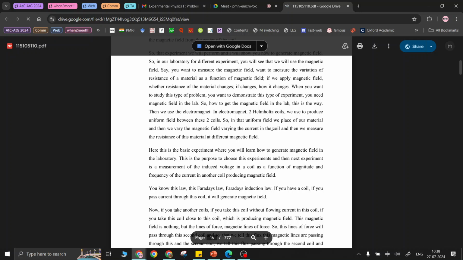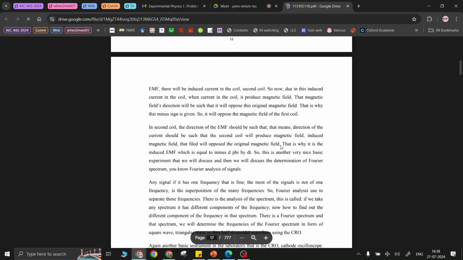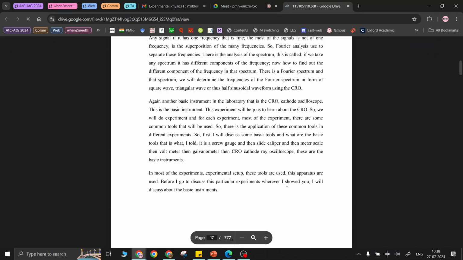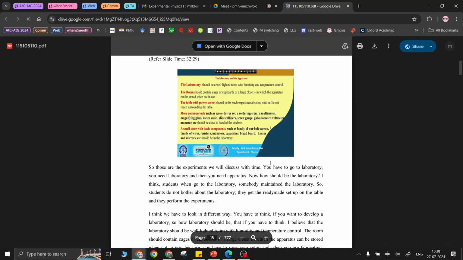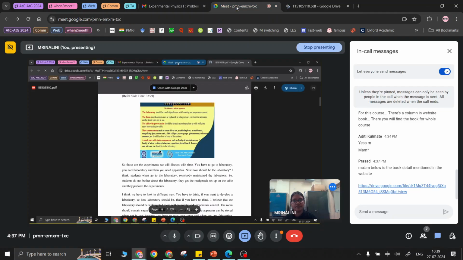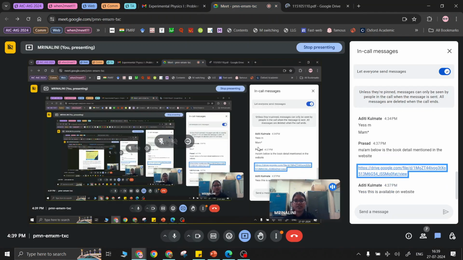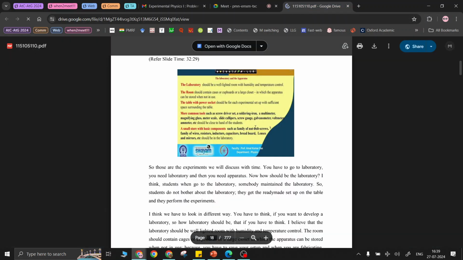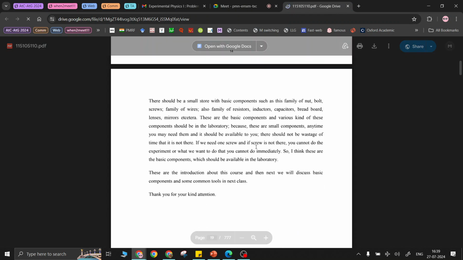Sometimes it's not very convenient to read so much text, right? So I think if you go through the lectures that are there for every week, and then if there are some doubts, we can discuss in this kind of interaction session every week so that you can attempt those assignments, because this book seems like too much to read.